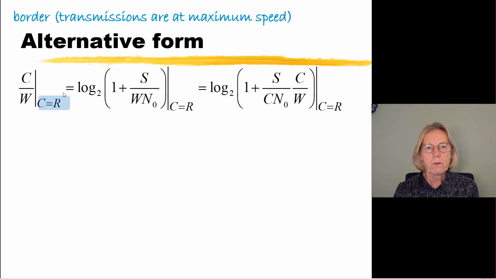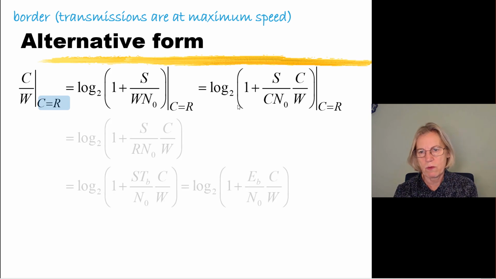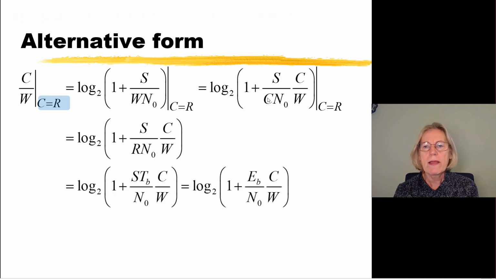And again, we're interested in this equation when R, we're transmitting right at the maximum speed. So this is what we're looking at. So now I'm going to replace this C by the R, since this is the region that we're evaluating it.